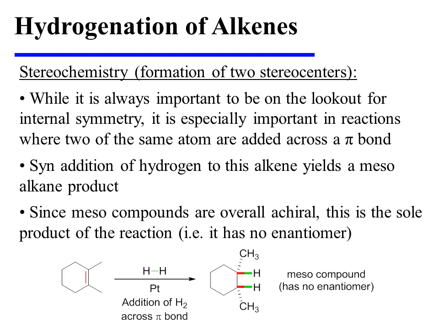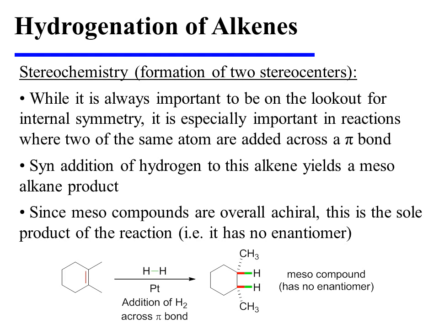While it is always important to be on the lookout for internal symmetry, it is especially important to do so in reactions where 2 of the same atom are added across a pi bond. For instance, this substrate is very similar to the one used on the previous slide. It simply lacks one methyl group.